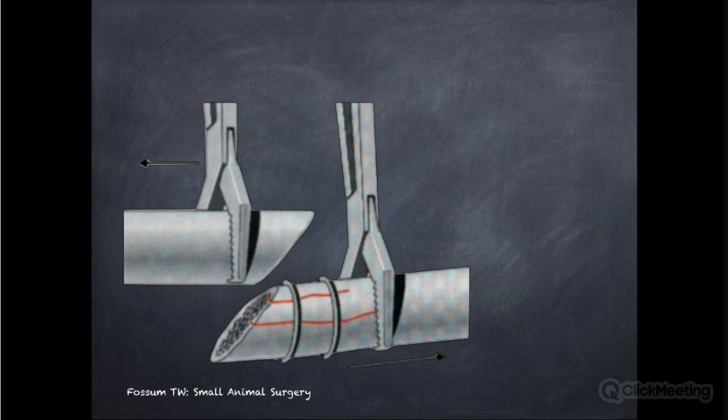The cerclage wire is not able to counteract this if you make pressure on the bone segment, on the bone stump, in order to distract it.